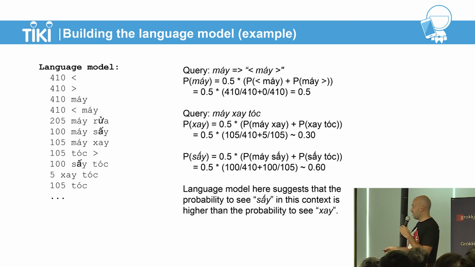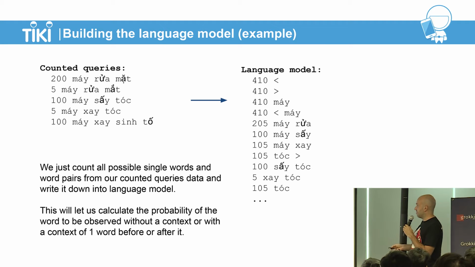Okay, so we can do the same with say. And say, obviously, if you look into our samples, you can see that after my, psi and say happen almost the same amount of times, right? But before top, say happened way more often than psi, right?